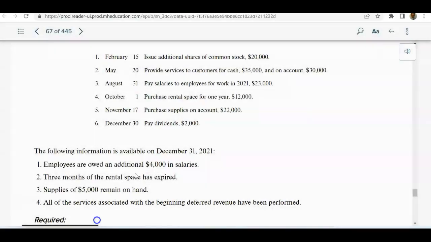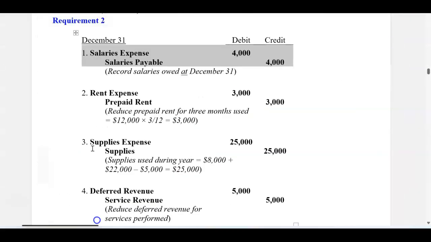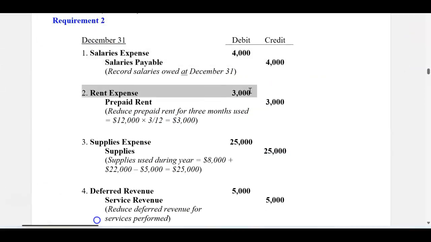But anyway, someone told you here that it is expired. So 12,000 is for 1 year, divided by 12 months. It's $1,000 a month, right? So 3 months will be rent expense of $3,000 to recognize, and the asset will be reduced by $3,000. That's a credit.